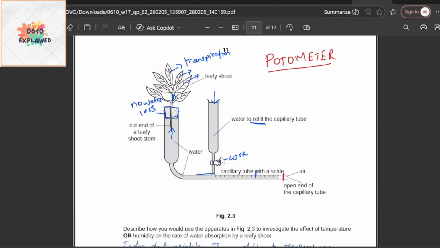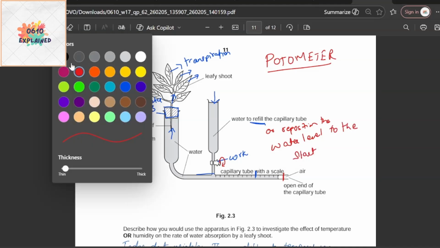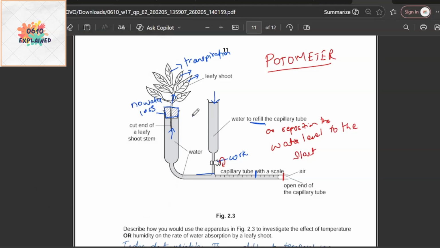So we open this cork from here, and then we reposition the level of water. So it's to refill the capillary tube or to reposition the water level to the start. So that's the work of this particular tube.